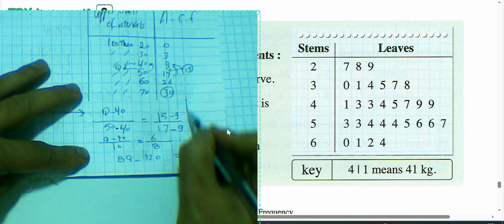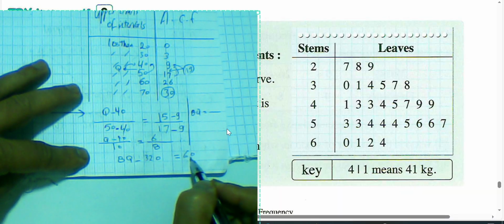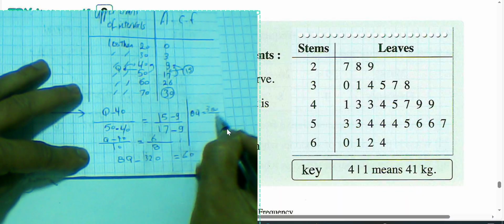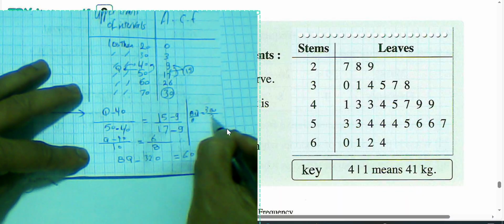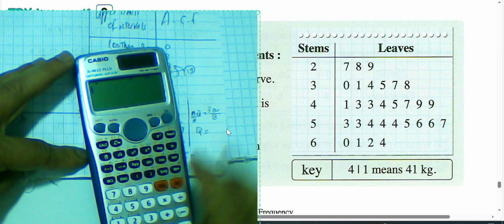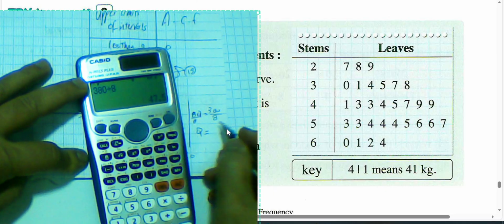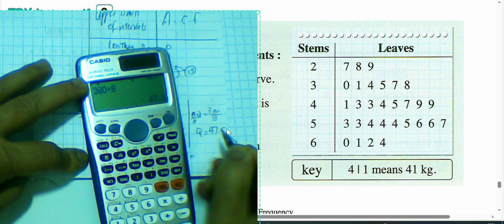Move this number here, then 8Q equals 320 plus 60, which is 380, divided by 8. Find the value of Q, the value of the median: 380 divided by 8 is 47 and a half.